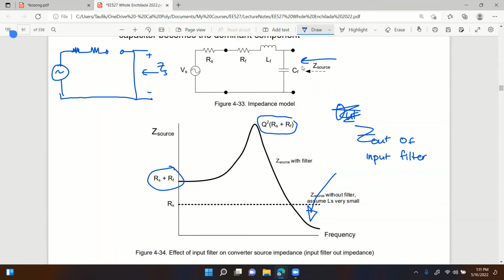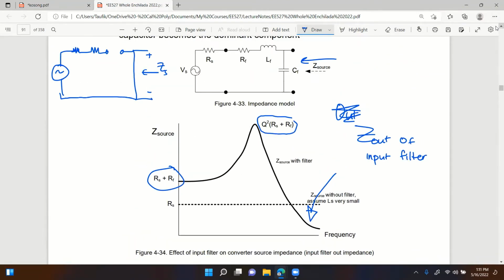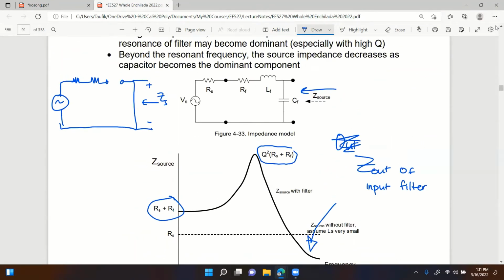Again, I don't think I have derived the equation for the resonant frequency, but you could do the same thing as I did earlier with the input impedance of a power supply, Z in of the power supply. You express Z source in terms of real part and imaginary part, right? And then you apply the concept of resonance: the imaginary part of the Z source must equal 0.